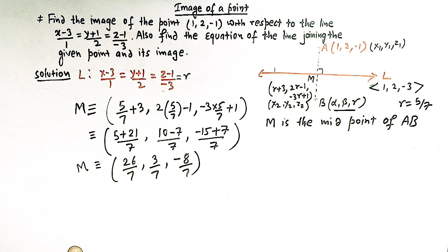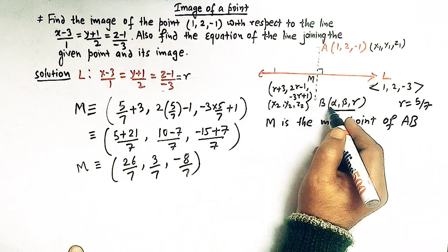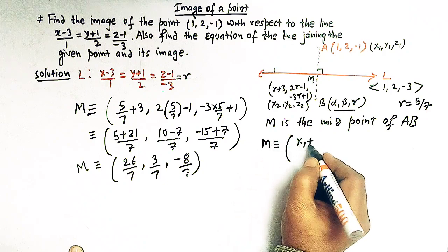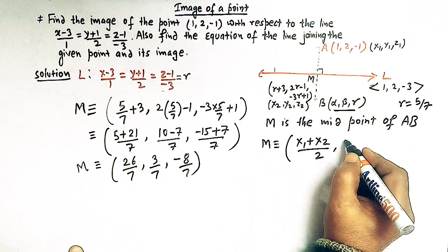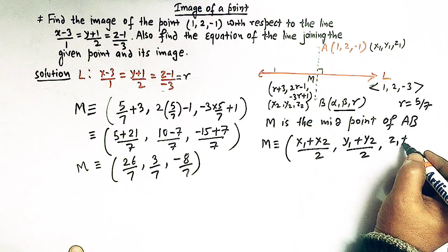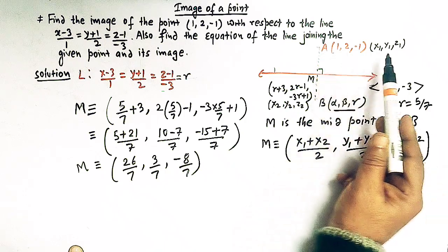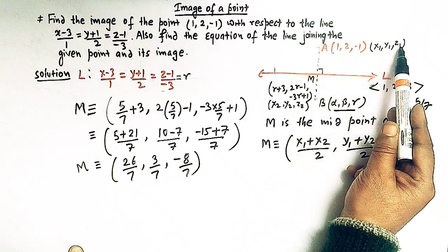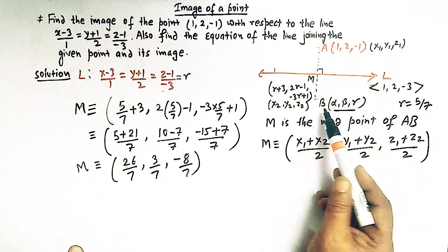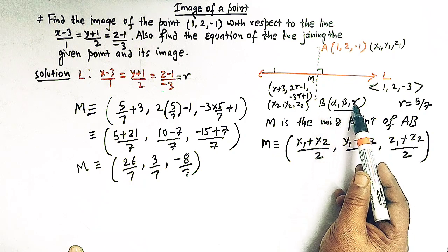So from the midpoint formula, we can write the coordinates of this point M as (x1 plus x2) over 2, (y1 plus y2) over 2, and (z1 plus z2) over 2, where A can be taken as x1, y1, z1, that is 1, 2 and minus 1, and the coordinates of point B are x2, y2, z2, right?